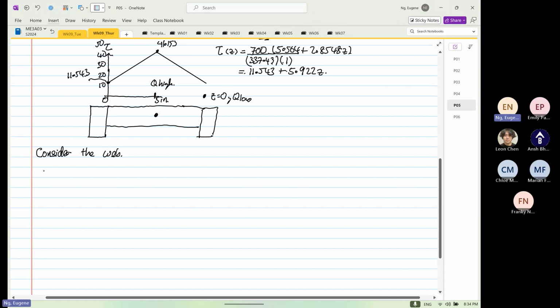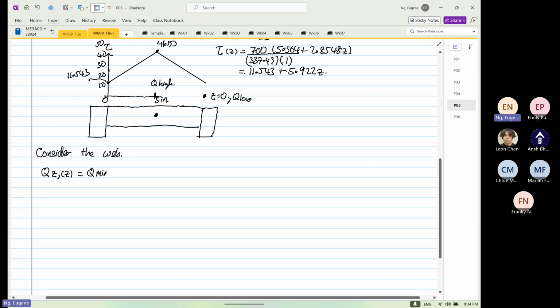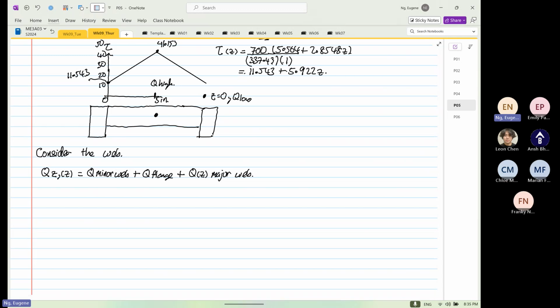So again, Q as a function of z will be equal to Q of the minor web plus Q of the flange plus Q as a function of z for the major web. Okay, so now you have to be very, very cautious. Okay, you have to be really, really careful now. Okay, I'll tell you why.